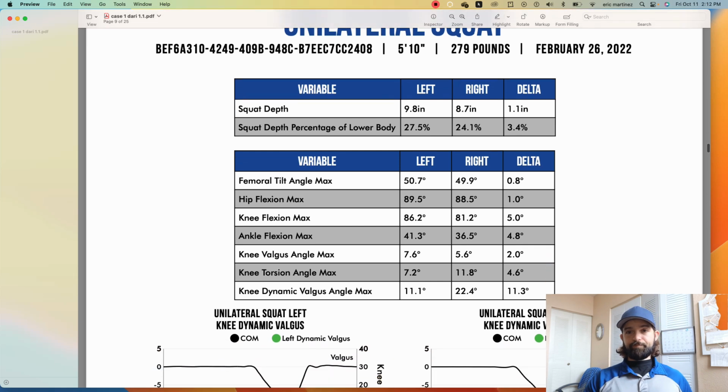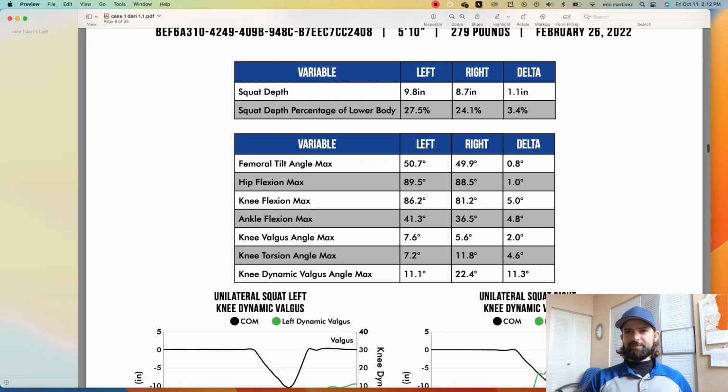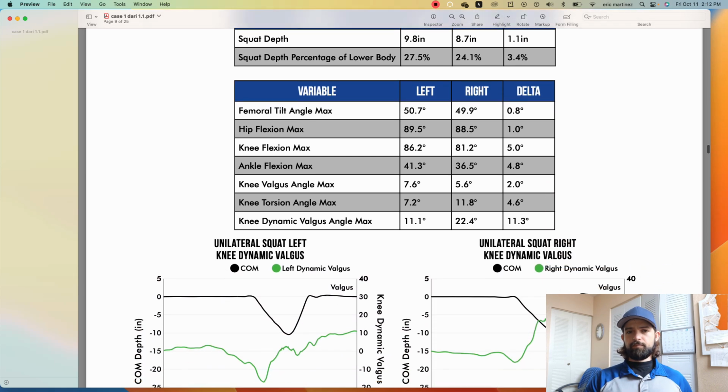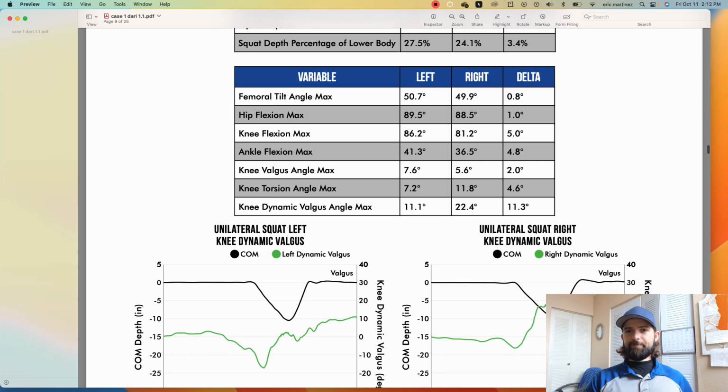In this case, you see how they're pretty even, right? Except this guy. So he has very little control on the left knee versus the right knee. This guy caves in. Same thing, the torque is a little higher on one side. So he's more comfortable on the right side than the left side.